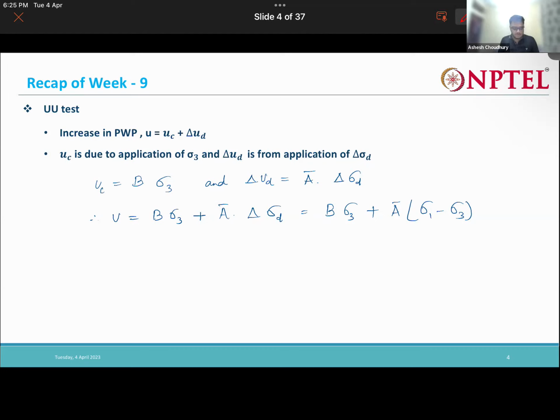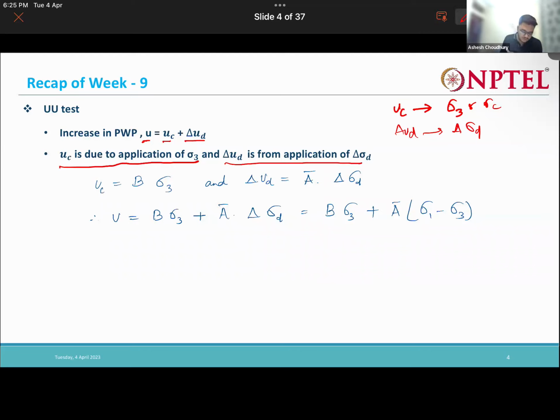Okay, so you can see the total increase in the pore pressure is nothing but U is equal to UC plus delta UD. So this UC is coming from my application of sigma 3, and my delta UD is coming from my application of delta sigma, this is my increasing deviator stress.